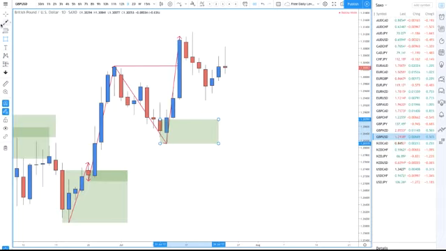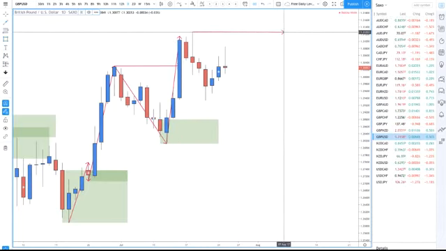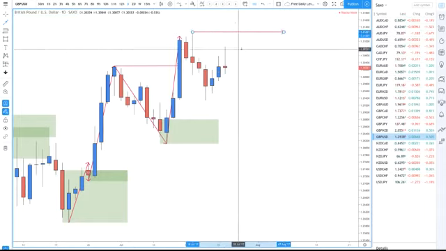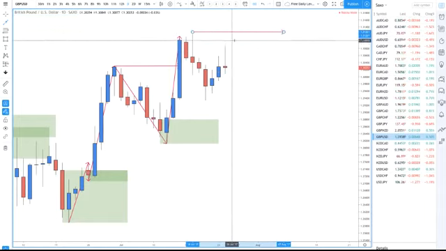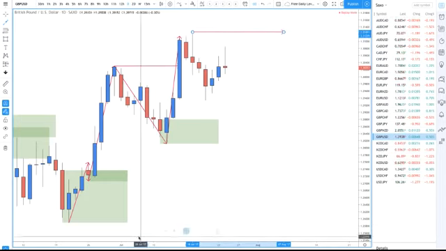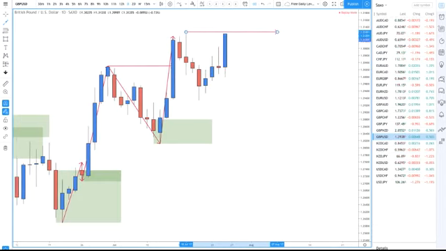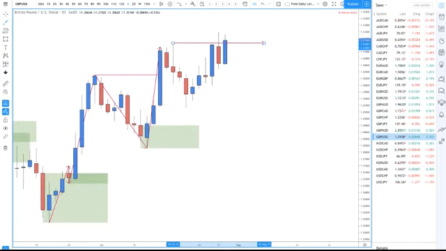So now we need price to go above at least here. So it needs to be a bullish candle, wick high, or close above that area. Brilliant. So we got a wick but a bearish close.